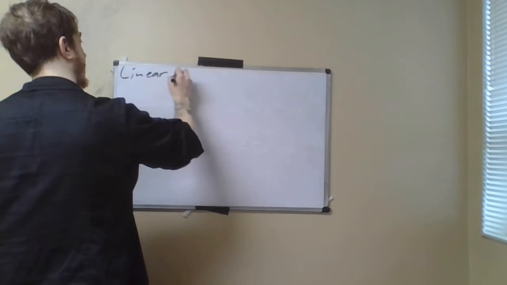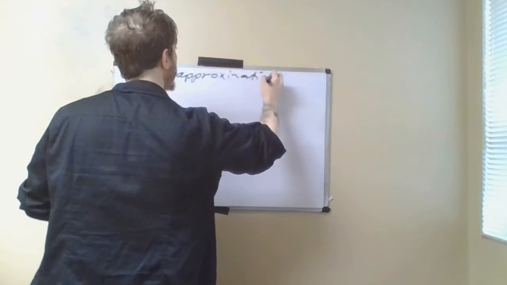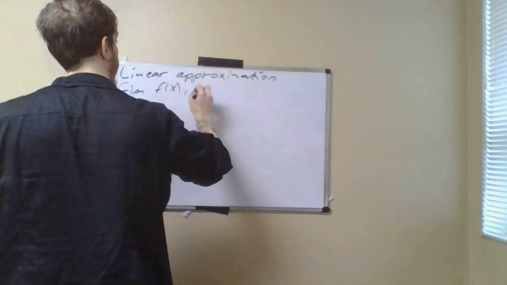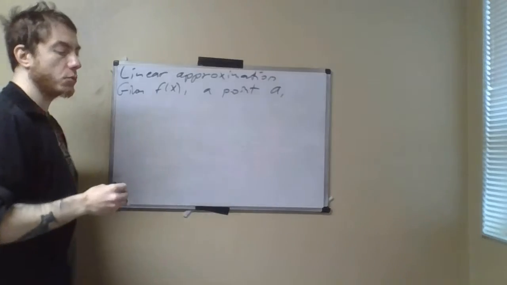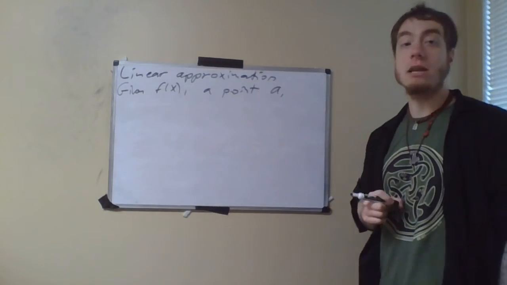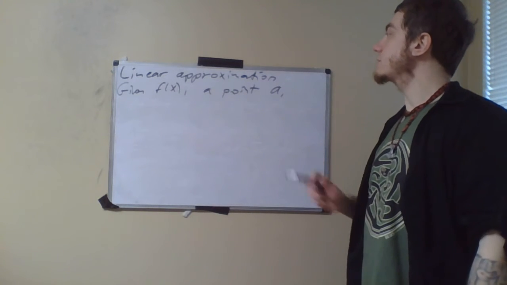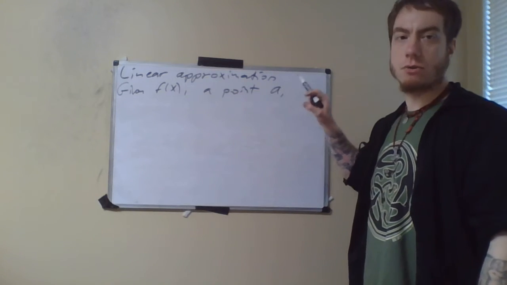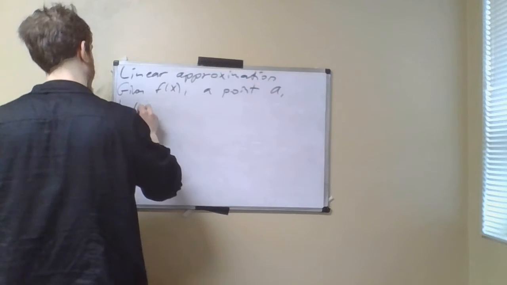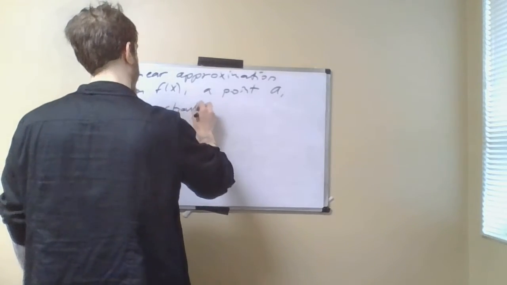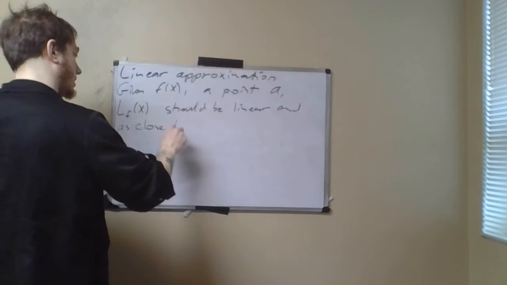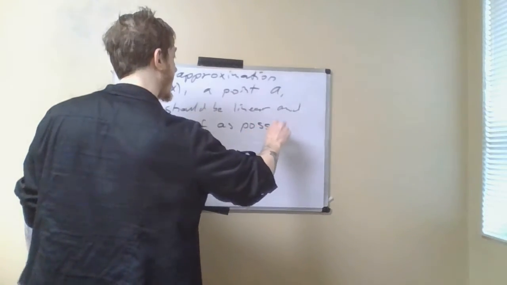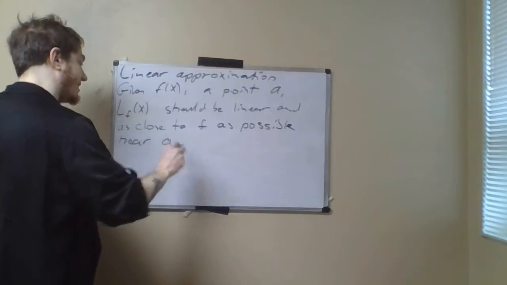The idea here is that I want to find, given some function f of x and a point A, a function which is linear, which also is as close to f of x as possible as long as I am near the point A. So we want it to be linear and as close to f as possible near A. Now, why would you want to do this?